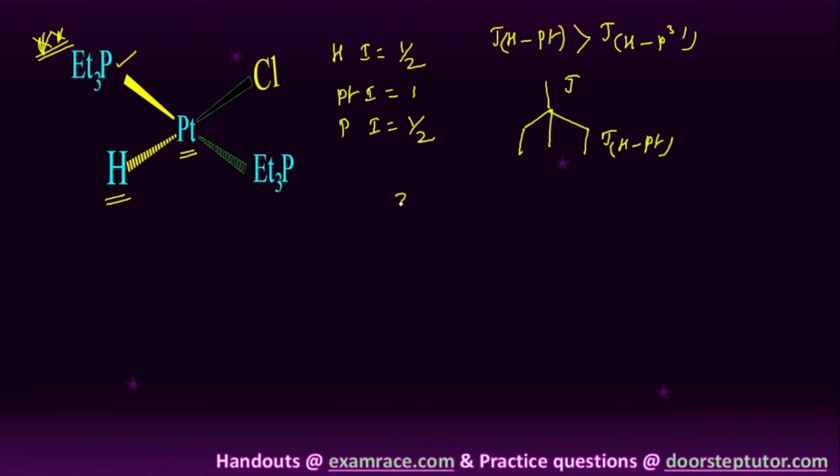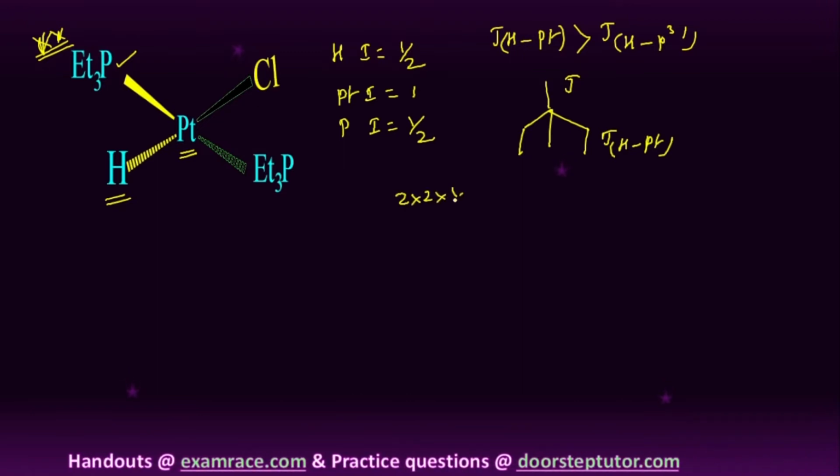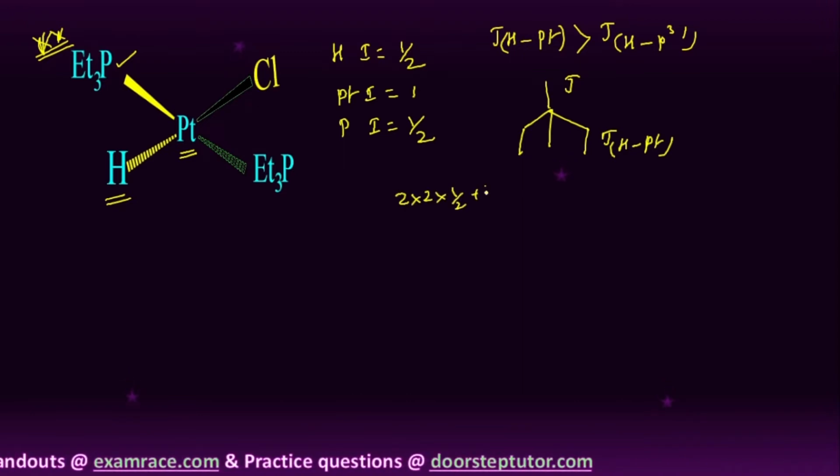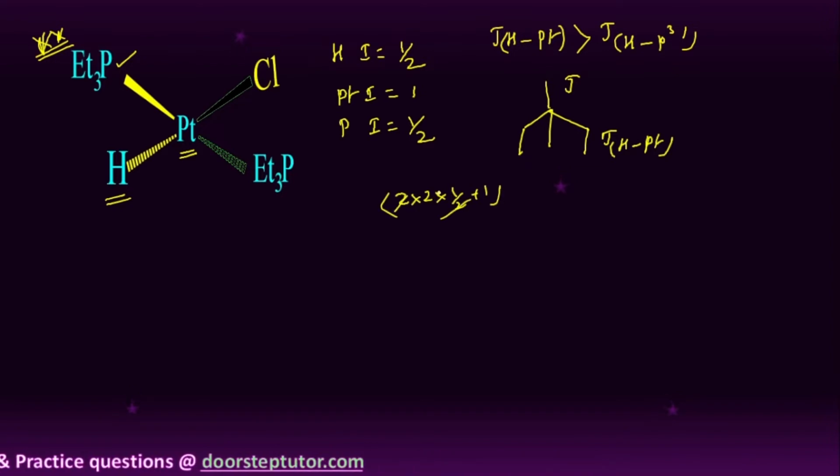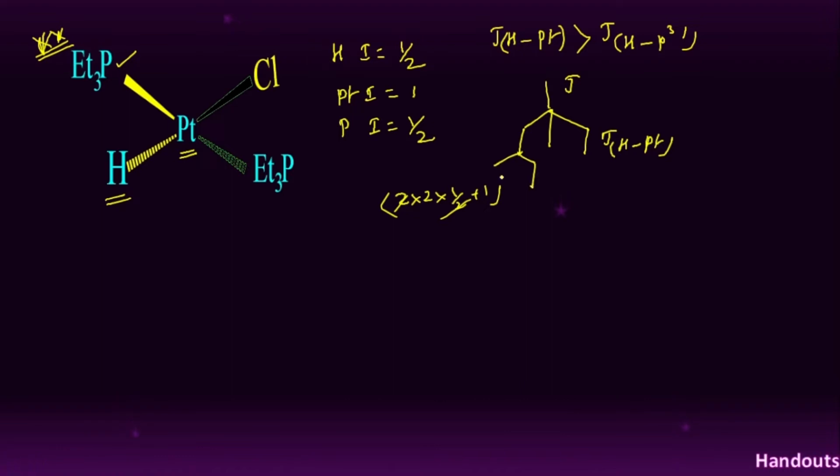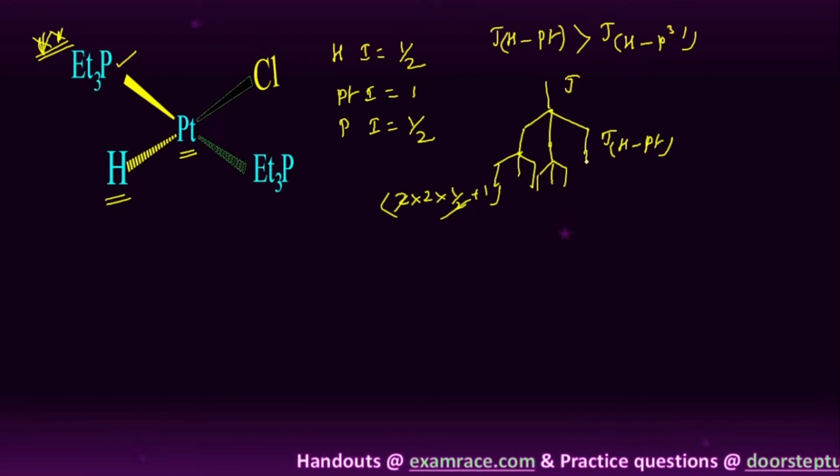That means 2 into 2 into 1/2 plus 1. The 2 gets cancelled, so 2 plus 1 is 3. Therefore each line further splits into a triplet.